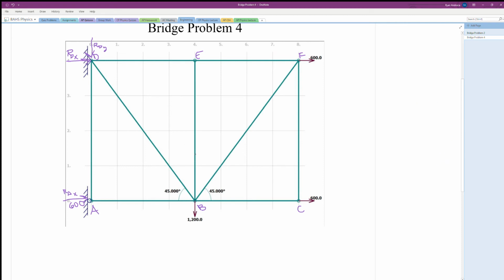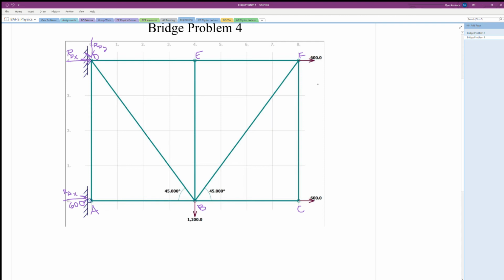Okay. Now that I've got this unknown force, I need to find these unknown forces using translational equilibrium. So we need all the rights and lefts to equal each other first off. We've got 600 right, 600 right, and 600 right.